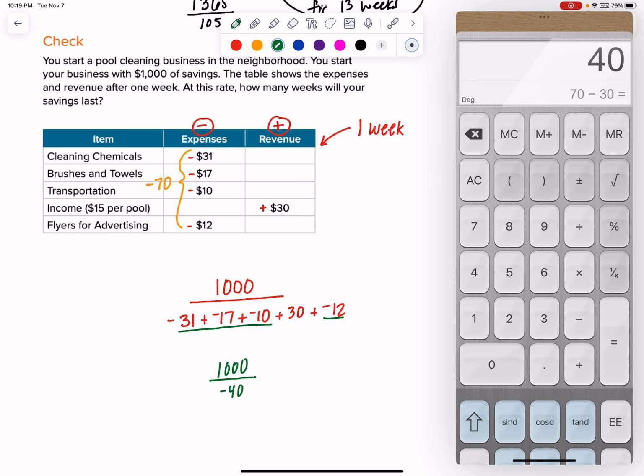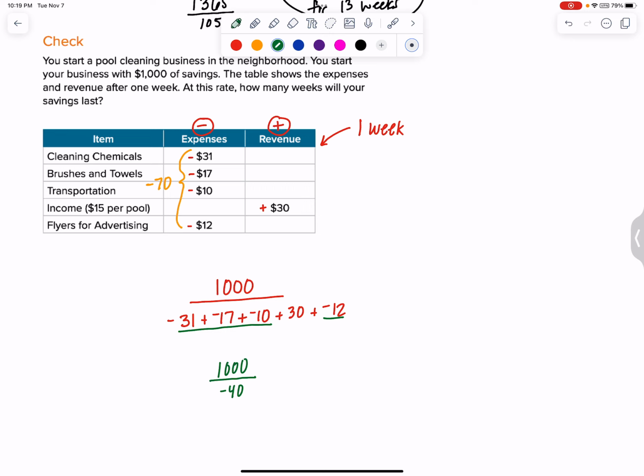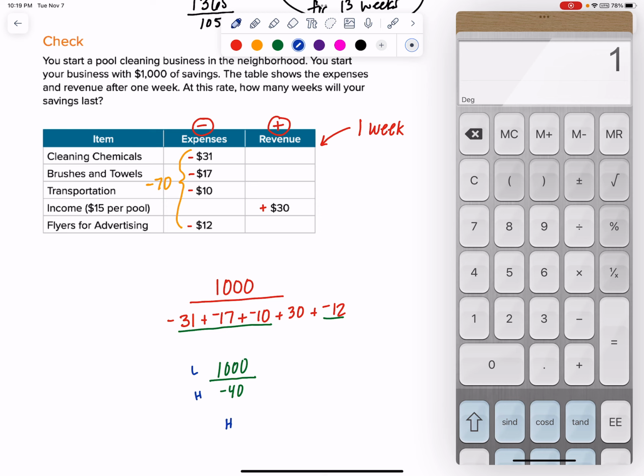And so the question is, how many weeks will my savings last? So if I take the $1,000 divided by the -40, think about our love-hate. I love to hate, so I actually hate at the end. Okay, so let's see how many weeks. 1,000 divided by 40.